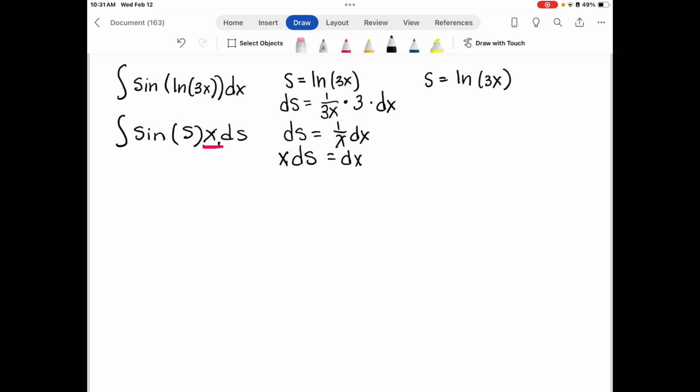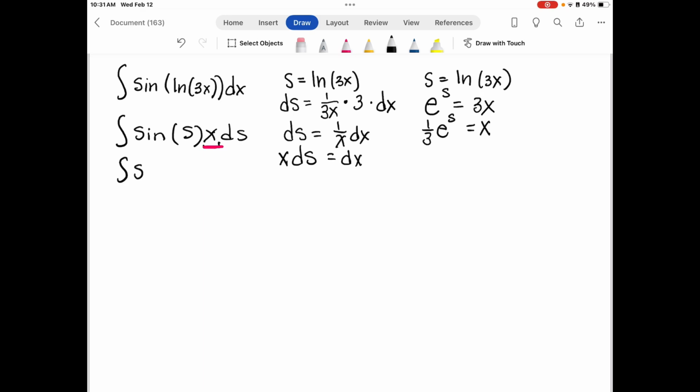I'm going to put this from logarithm form into exponential form. So I'm going to write this as e to the s is equal to 3x. Now I'm going to divide both sides by 3, so I get that x is equal to 1/3 e to the s. So now I can replace that over here.